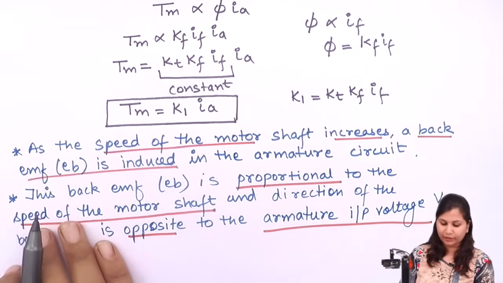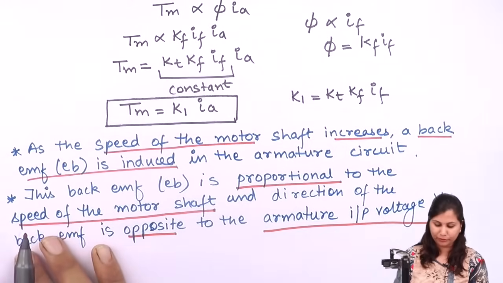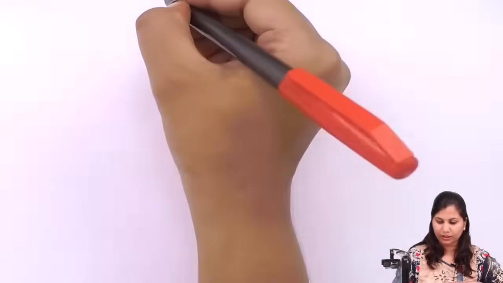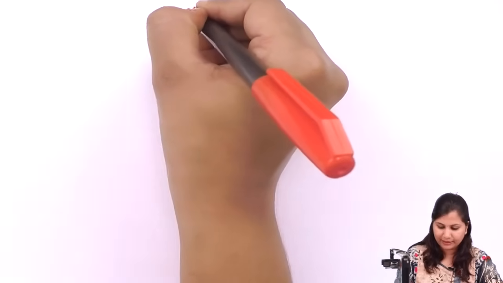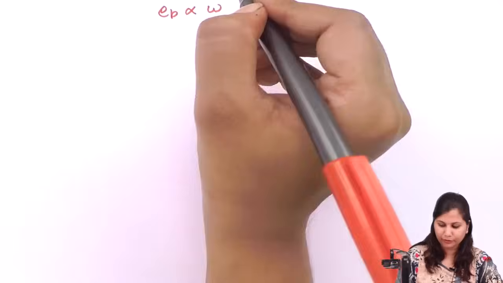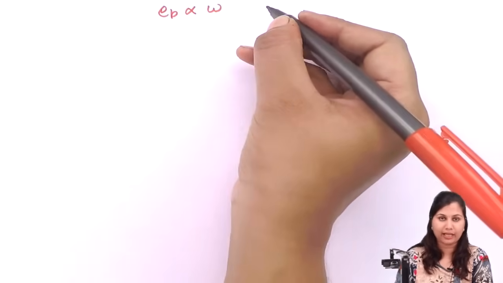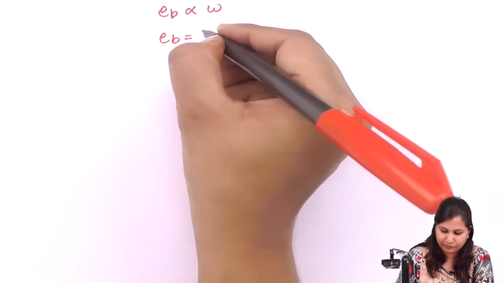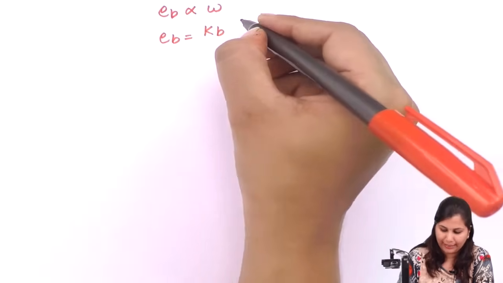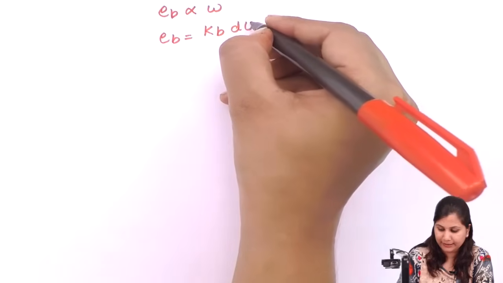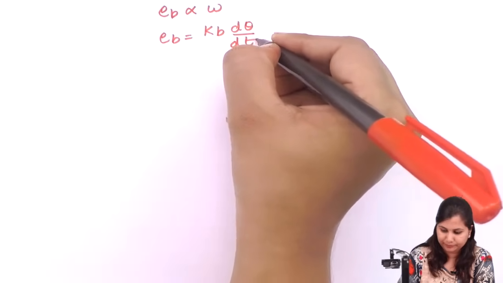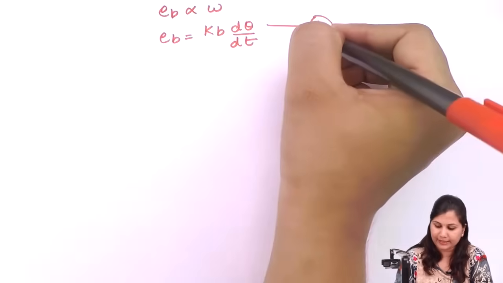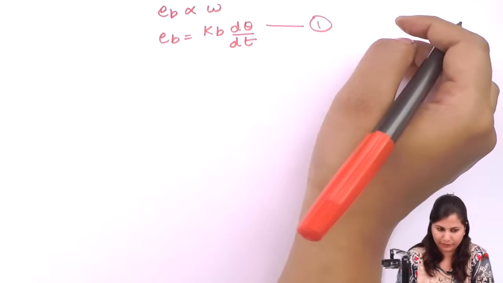So if we write the equation for the back EMF, we have said that it is proportional to the angular speed of the shaft, that is omega. So remove this proportionality sign, we will have KB, and omega can be written as d theta by dt. So this is our first equation. Let us give it a number, first equation.